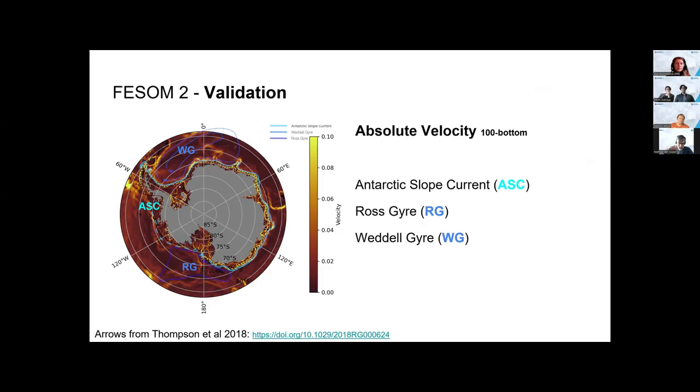I'm showing a few important currents. That's the Antarctic slope current. It starts in the Amundsen Sea, where you can read ASC on the map. It's not always there, and it varies with time. The model is also able to reproduce the Weddell gyre and the Ross gyre. And next one.